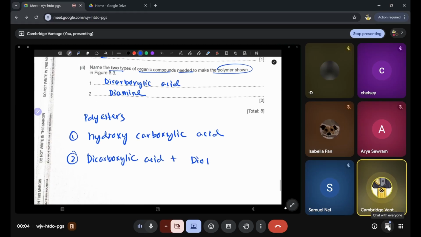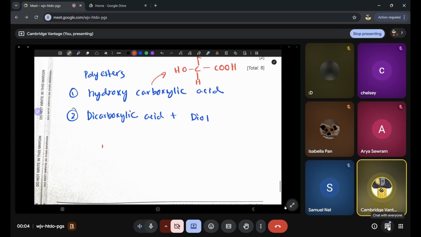And what is a hydroxycarboxylic acid? Think of it as an amino acid where the amine group is replaced with an alcohol group. So something like a carbon with COOH, an alcohol group, and an H like this. This would be your hydroxycarboxylic acid.